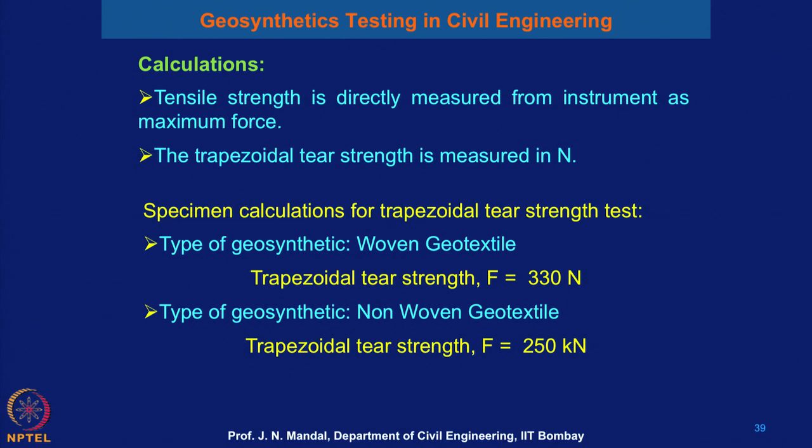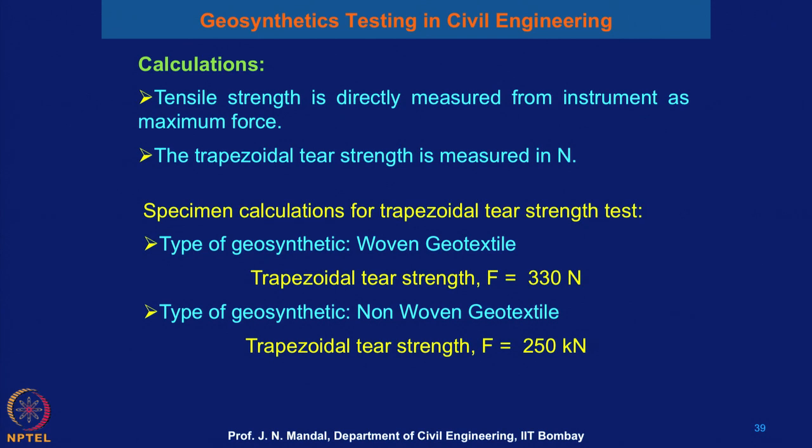So, how to calculate the trapezoidal tear strength of the geosynthetic material? Tear strength is directly measured from the instrument as the maximum force. Trapezoidal tear strength is measured in Newton, N. Now, I am showing some specimen calculation for the trapezoidal tear strength test.